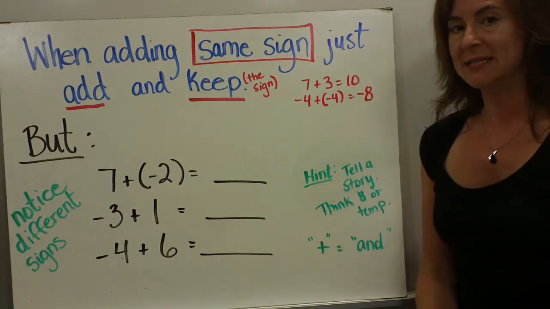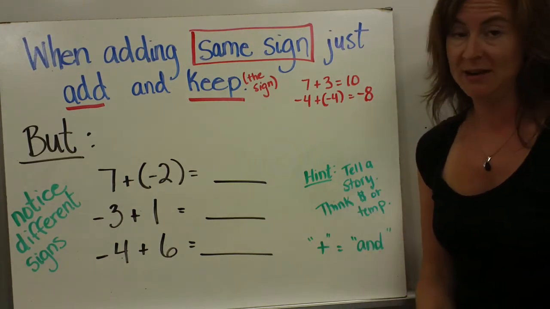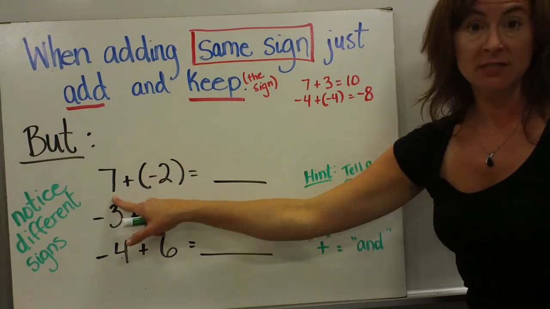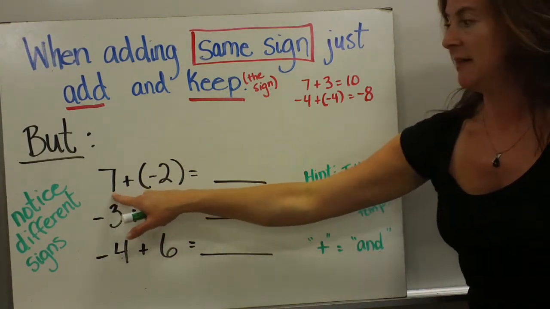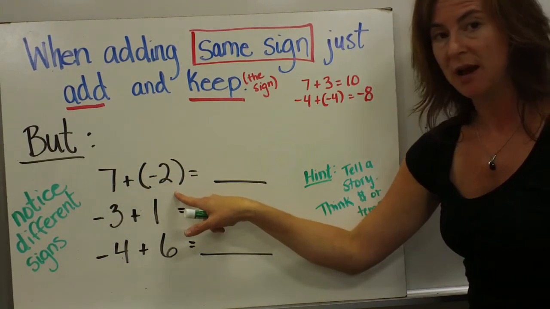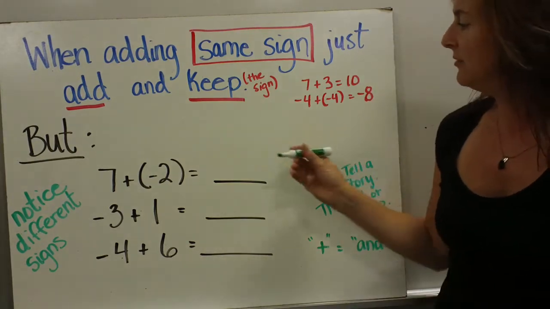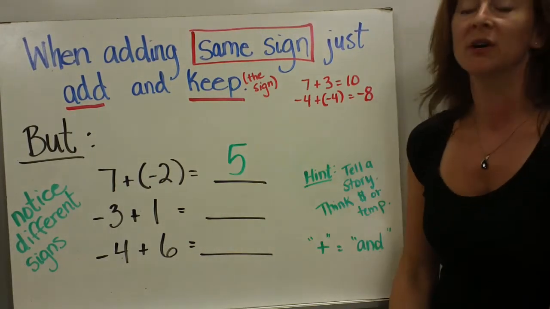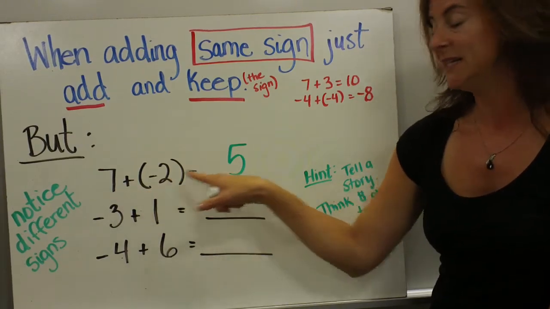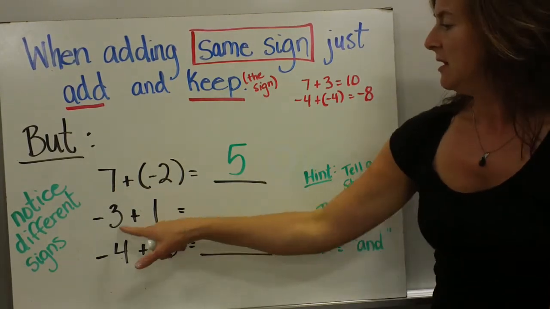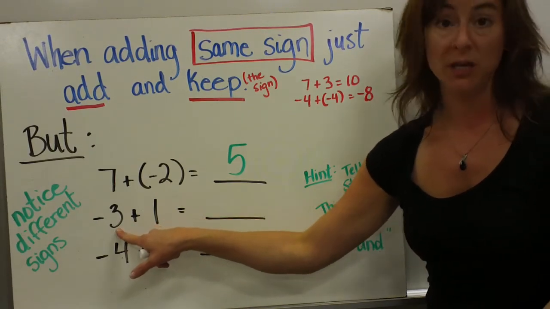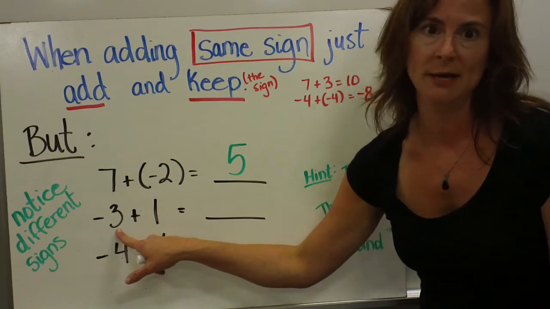What I'm going to do is tell myself a story when I'm adding these integers. If I start with $7 in my purse, that's positive, and then I spend $2, I'm going to have $5 in my purse. So 7 and -2 is 5. -3 and 1. I owe you $3. That would be nice, wouldn't it?